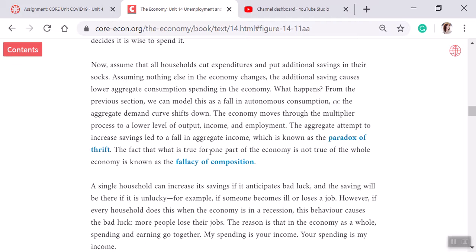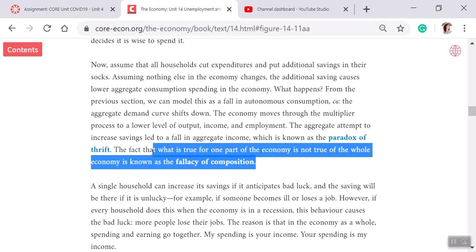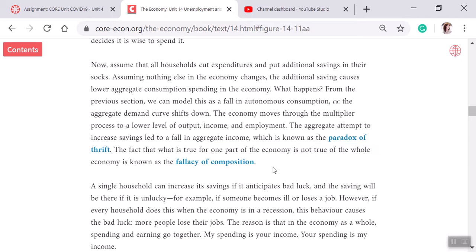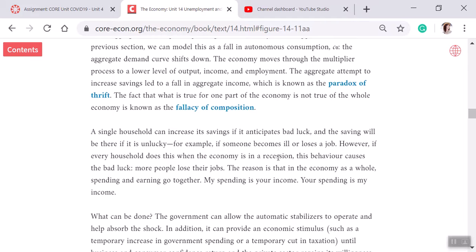The fact that what is true for one part of the economy is not true for the whole is known as the fallacy of composition, right? So our entire economy isn't expanding and contracting at the same rate or the same pace, right? There's differences due to, like what we saw in the article, right? Due to place, due to industry, right?